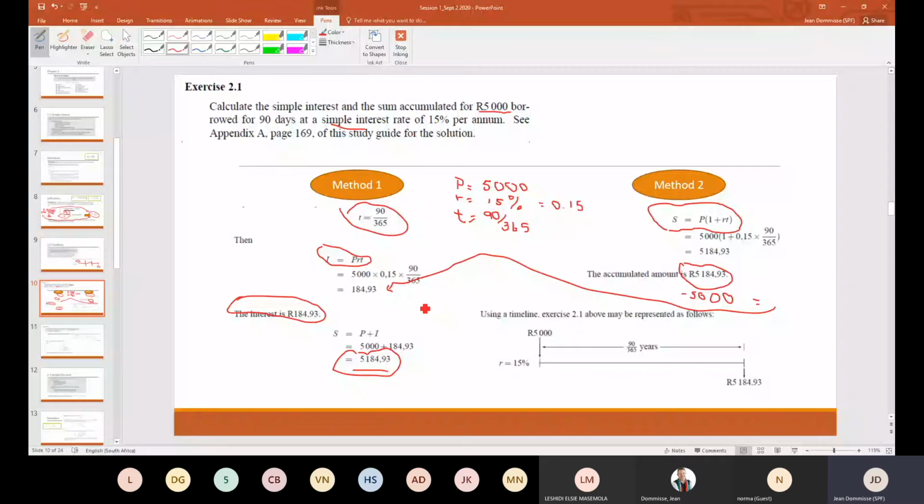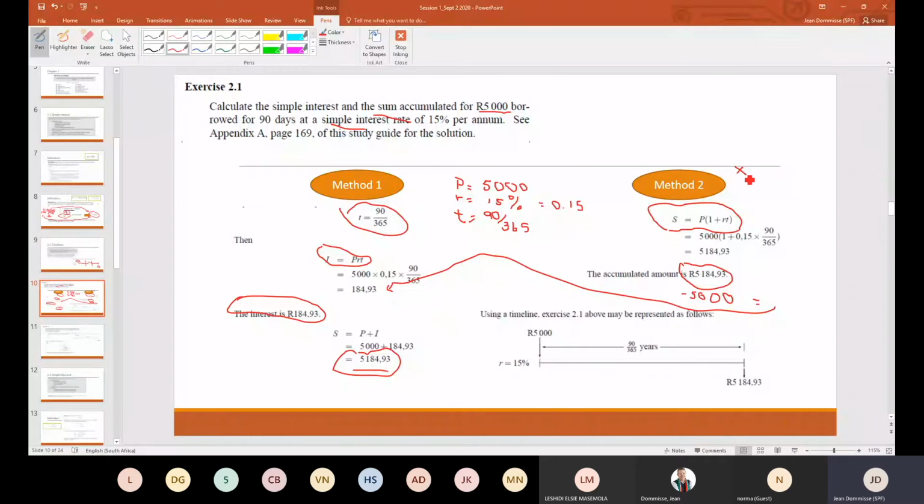So again, depending on what they want from you, you can use one formula, you can use the other formula, you can use both formulas. I think that is important here. They ask you to actually do both, so that's why they're showing both, but it could have been that they only ask you to get to the sum accumulated, and then I would use the second method, because then I automatically get to the sum.